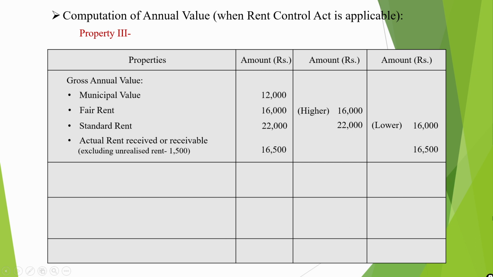Then you will get the higher amount 16,500, that is the gross annual value of house property 3.